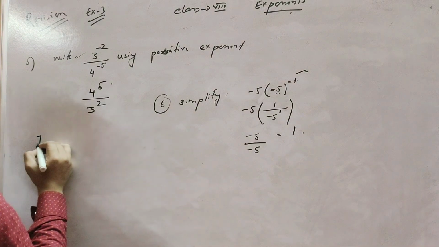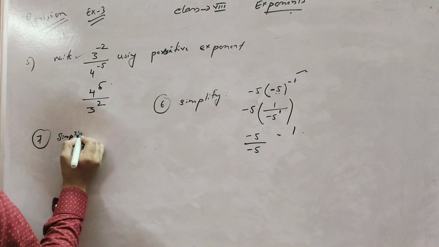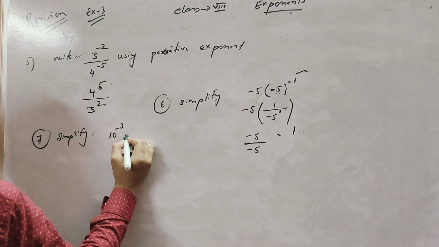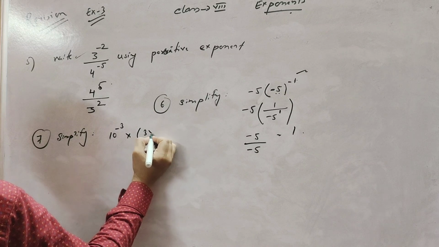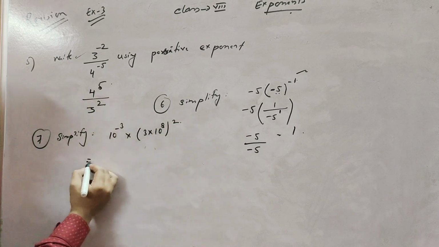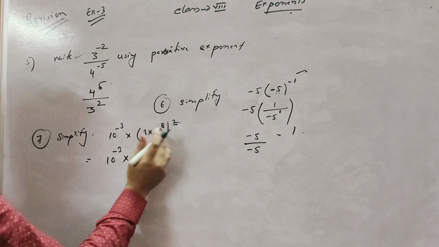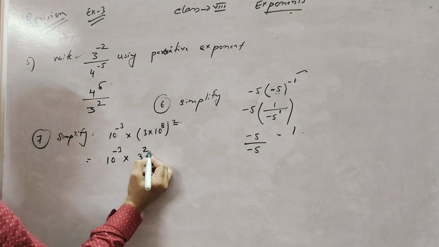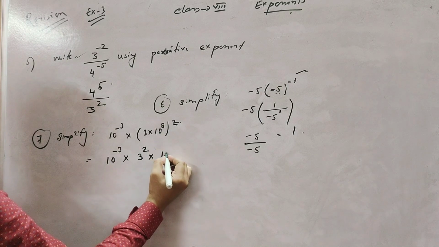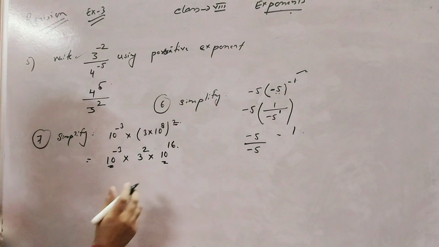Now question number 7. Simplify 10 to the power -3 into 3 to the power 8, the whole squared. So you see 10 to the power -3 into 3, and this power 2 applies to everything, that is 3 squared, and for the power 8 also, that means 8 into 2 is 16. Okay, this is the same base.